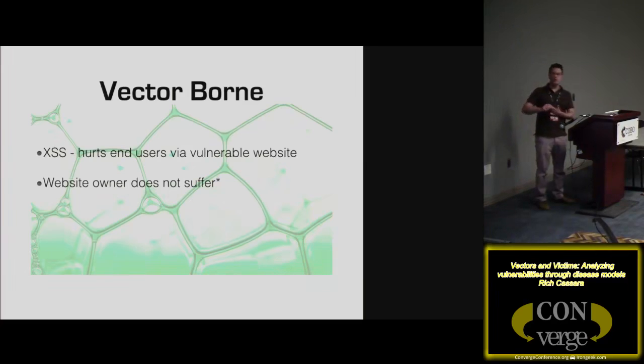We can think of major breaches at Yahoo, Target, Home Depot, TJ Maxx, Sony. None of these companies suffer real repercussions for losing their user data. The only one I can think of is that Yahoo probably lost some of its valuation when they were bought out, but ultimately they're still around. It doesn't directly hurt them.